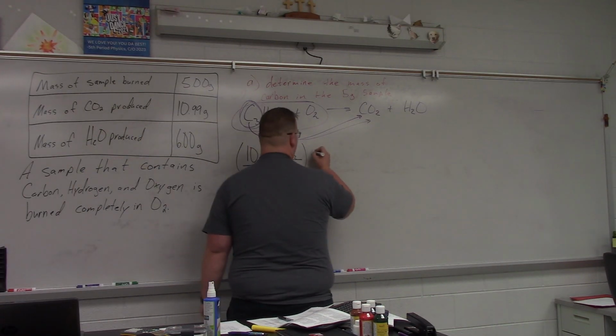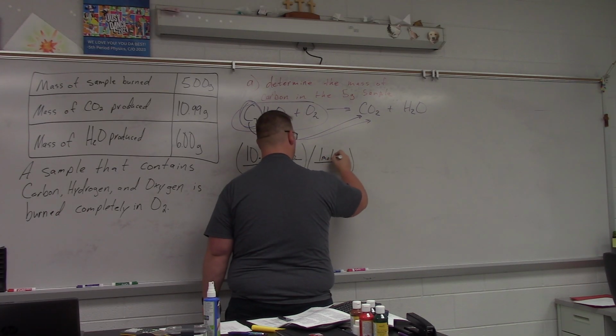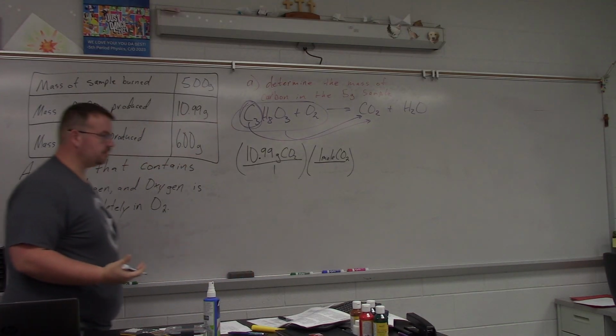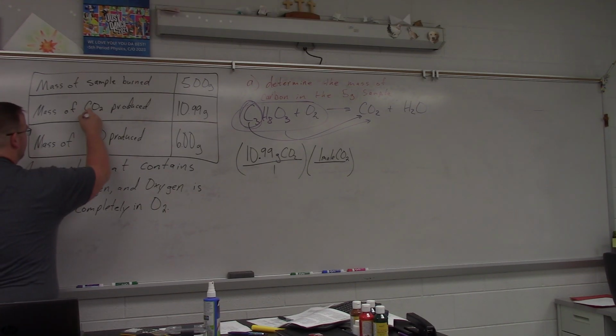I'm going to set this up and we've got to get to moles. So I want 1 mole of carbon dioxide. I want to leave grams of carbon dioxide, and I will give you the molar mass of carbon dioxide to be 44.01 grams per mole.